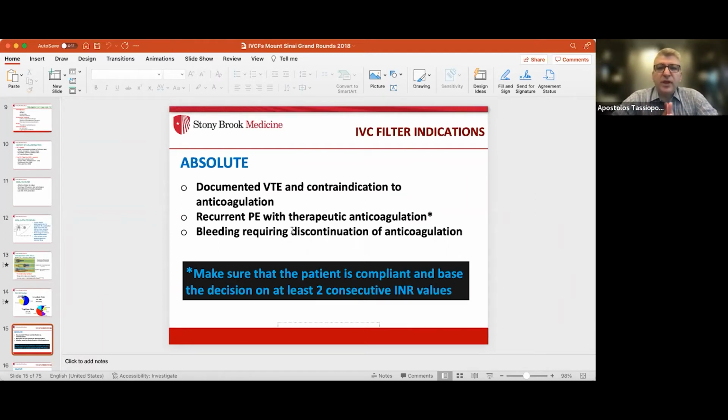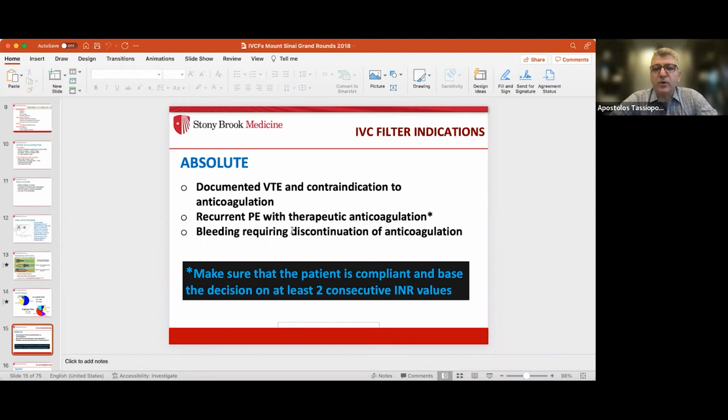An absolute indication is a documented VTE that involves the veins from the popliteal and more centrally, with an inability to anticoagulate. When you have recurrent pulmonary embolism while the patient is on therapeutic anticoagulation, you need to make certain that the patient is compliant, and that if he is on a Coumadin regimen, at least 2 consecutive INR values remain therapeutic.